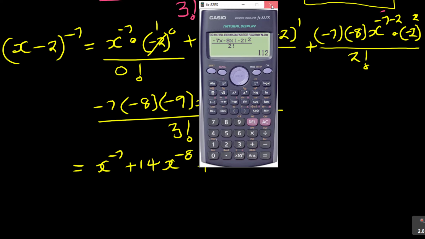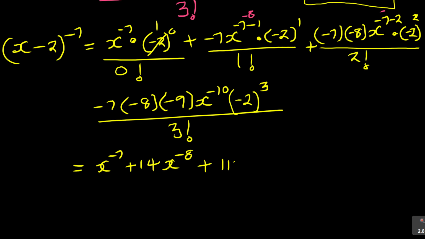So you've got 112. So you've got 112 x to the power of what? Negative 9. Don't forget that. And then lastly, plus, you use again the calculator to find the final one where you are dividing by the 3 factorial. That's the 4th term, which they said we must be working on.